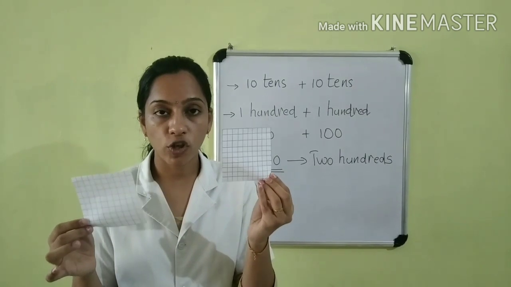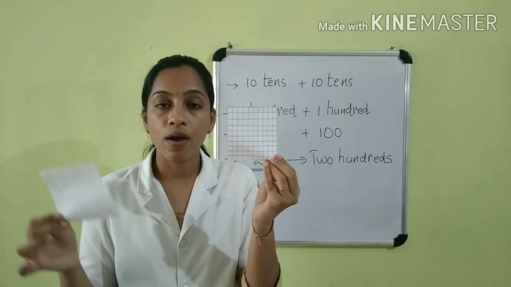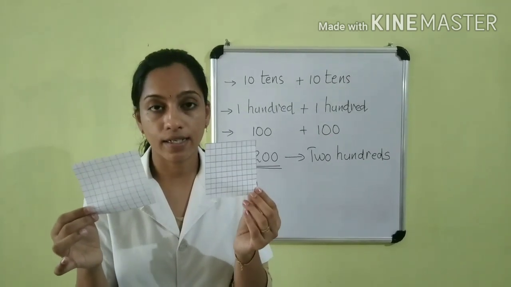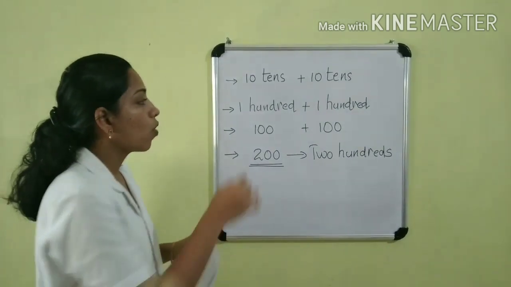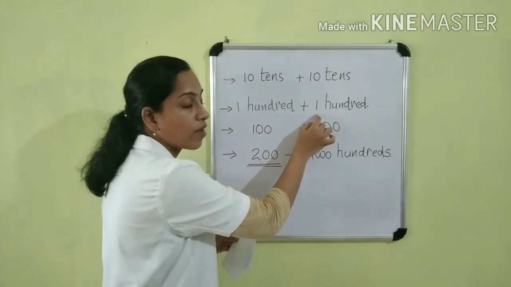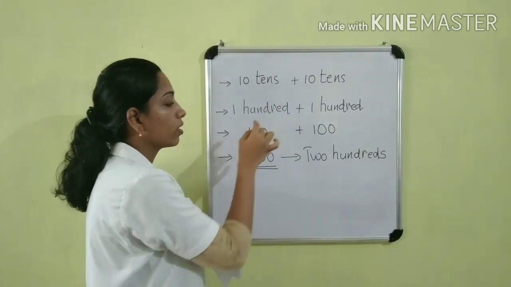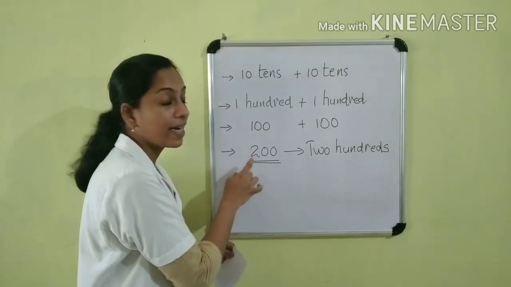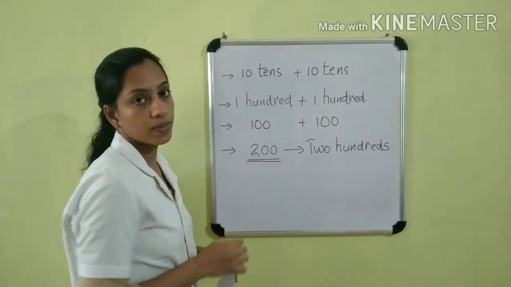That means if we join 100 and the other 100, we got 2 hundreds. Listen here, 100 plus 100, we got 2 hundreds. What is the value of 2 hundreds? It's 200. Is it clear?